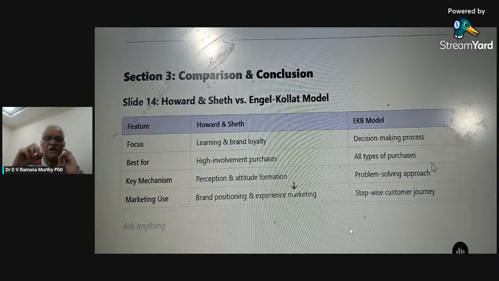They create brand loyalty, and also they address the learning process of the consumers by facilitating the consumers to form an attitude. The EKB model talks about decision making. It's a very good model having 5 steps: problem definition to final purchase, evaluation, and repeat buying. This is called the decision making process.